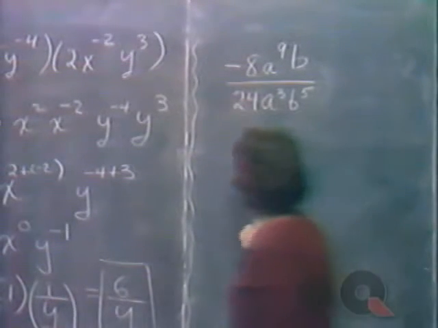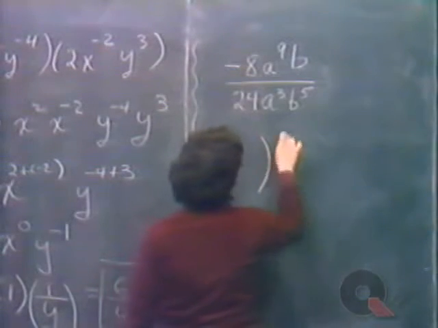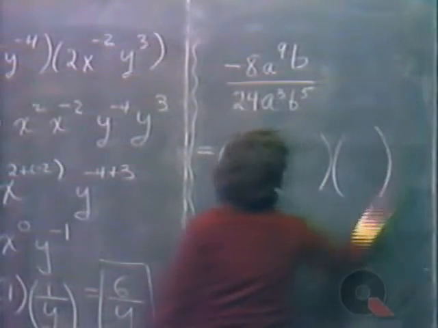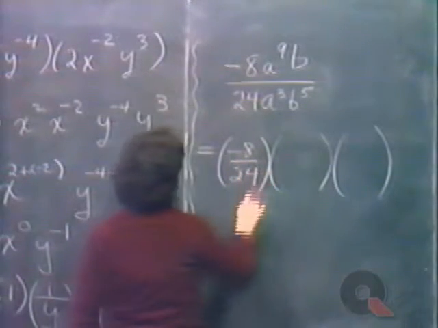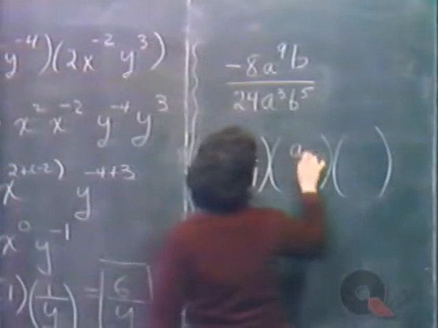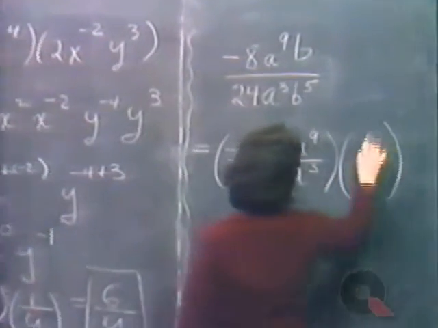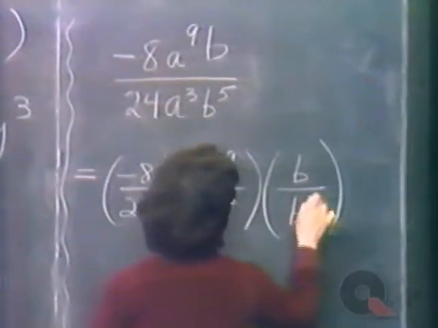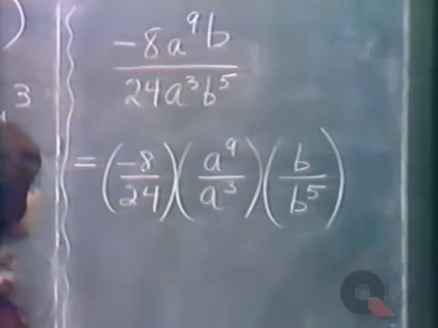First thing I'm going to do is to rewrite this in the following form. I'm going to have the constants, the a's, a to the 9th over a cubed, and then the b's, b over b to the 5th. Of course, if you were to multiply these fractions, you'd get the problem that we started with.